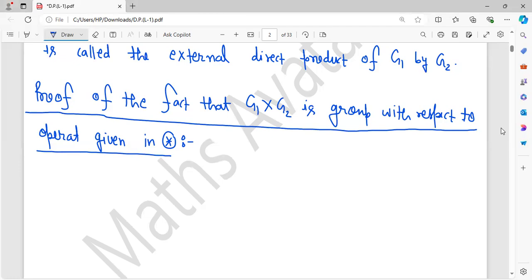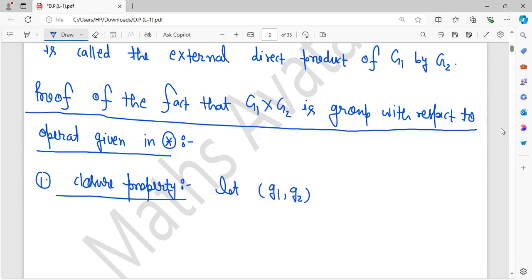Okay. Number one, closure property. Okay. Let (g1, g2) belongs to G1 cross G2 and (h1, h2) belongs to G1 cross G2. Okay.